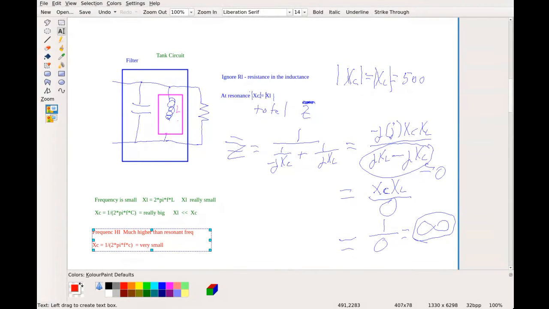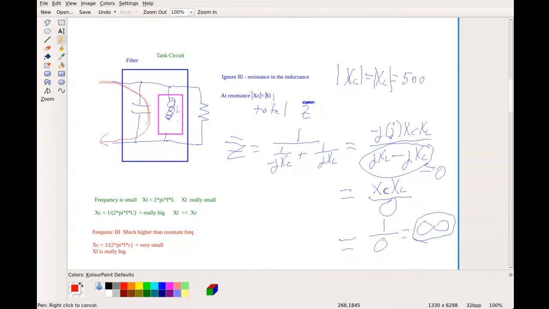Where X of L is really big. And so now at these high frequencies, our current tanks down through the capacitor.